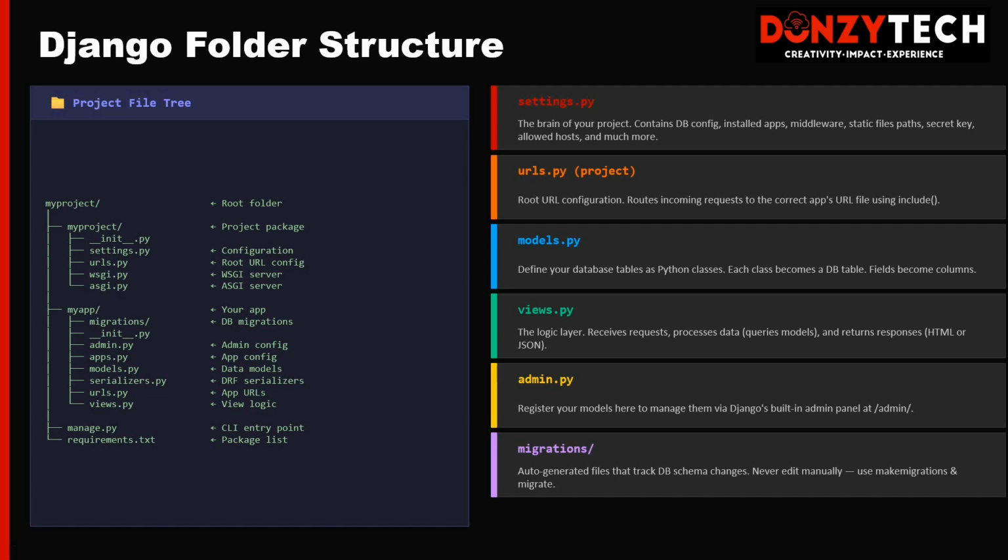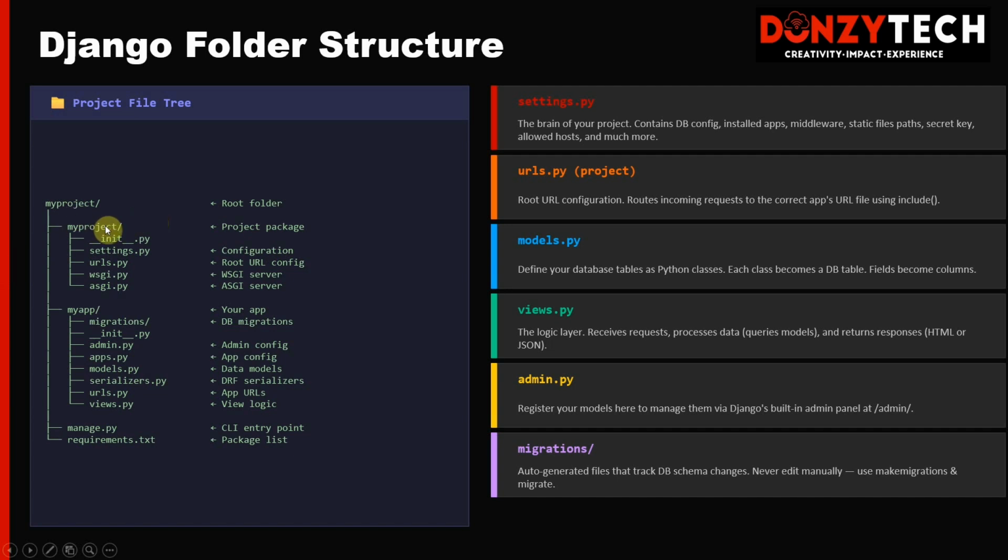That's the work of the requirements.txt file. It keeps a list of all the packages you used in your project. So the developer can just run a simple command to install all the packages and then get the project running.